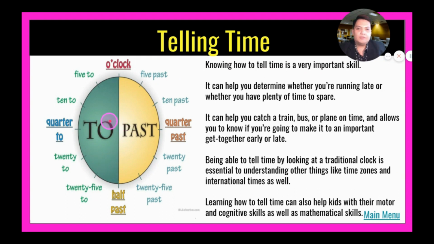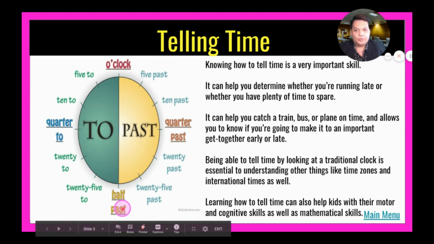If the minute hand is pointing here, that's when you are going to change from past to to. So you are going to say it's 20 to 11 in the morning. Here, you can also see the quarter past and quarter to and half past.